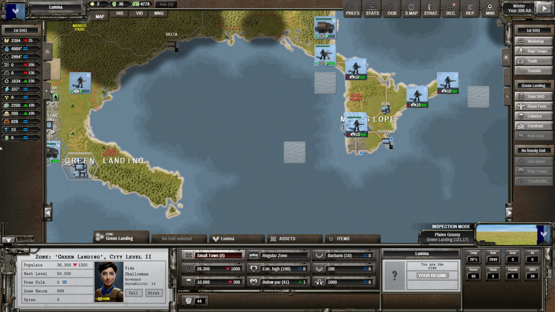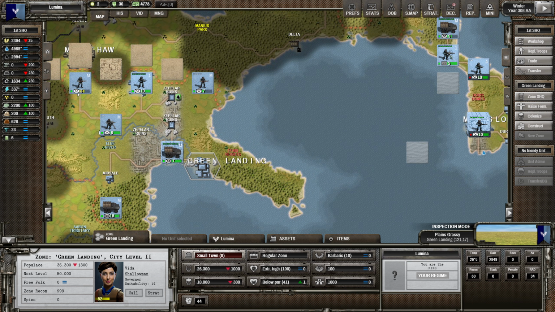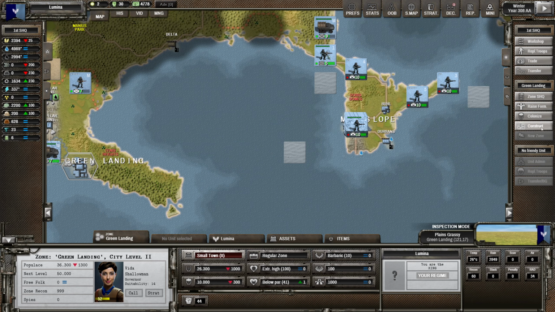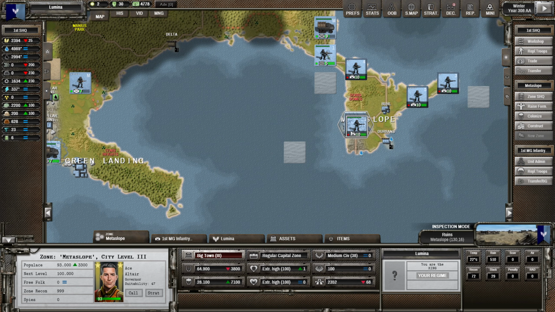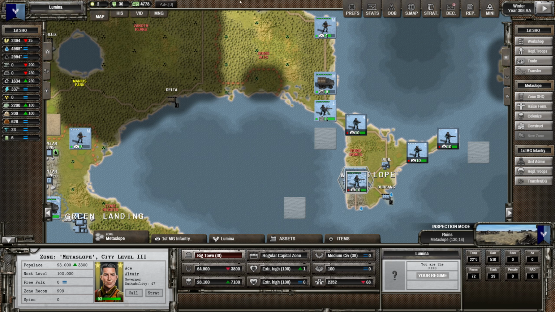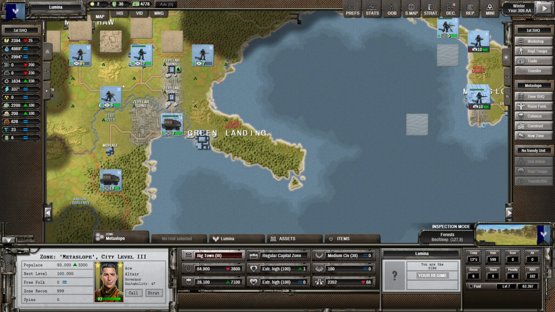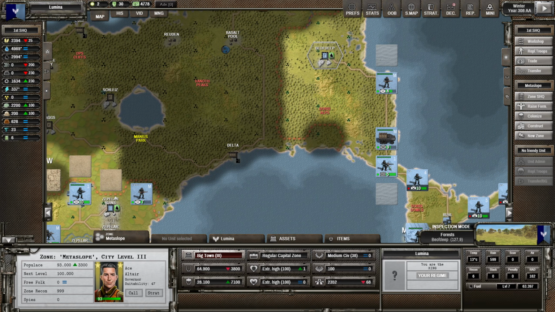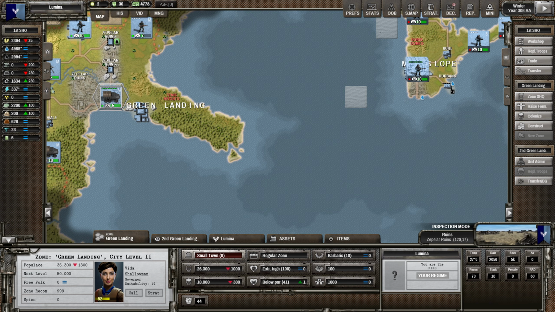But normally, every zone produces its own stuff like food, water, oil, whatever it's making, and then it sends it all the way via your logistics to your SHQ, and then back out from the SHQ, delegated to where it needs to go. So, for example, let's say this unit here needs oil.